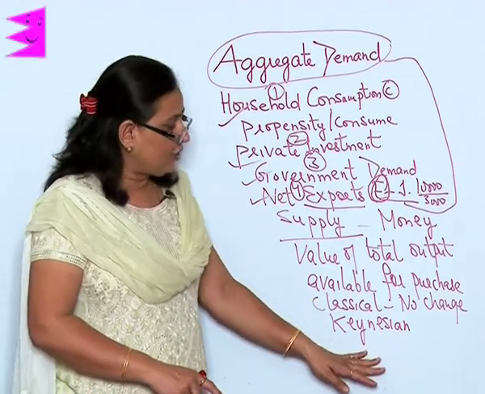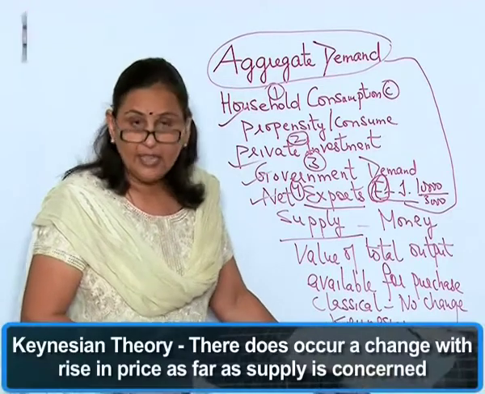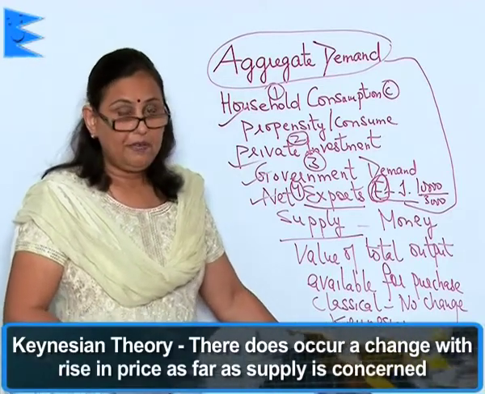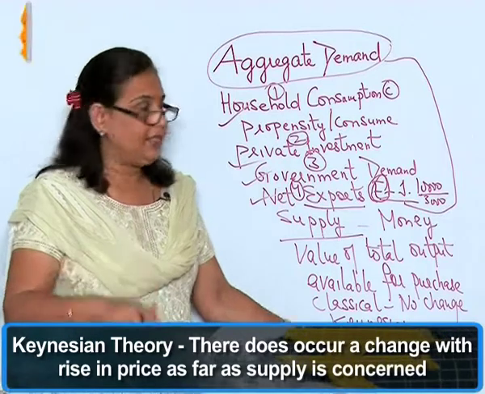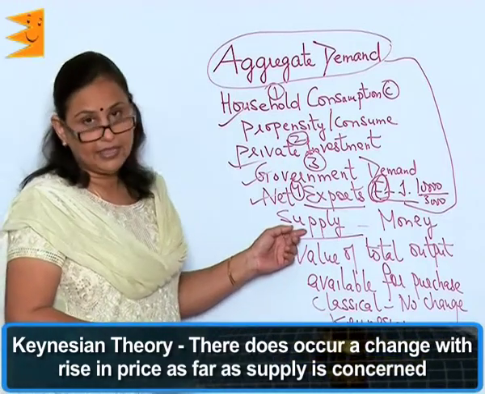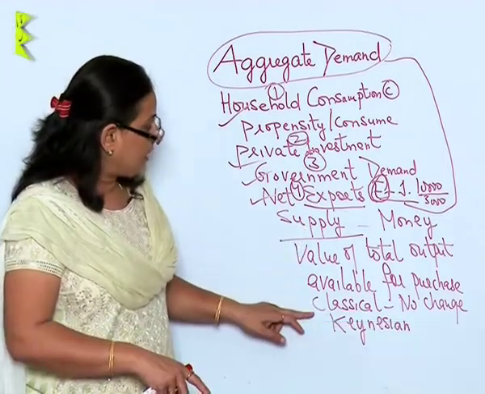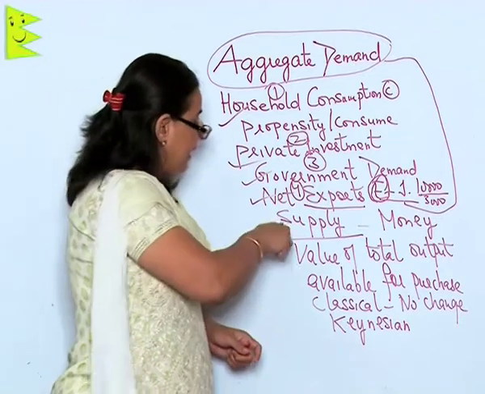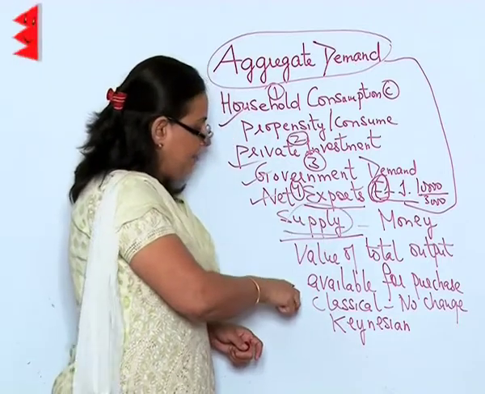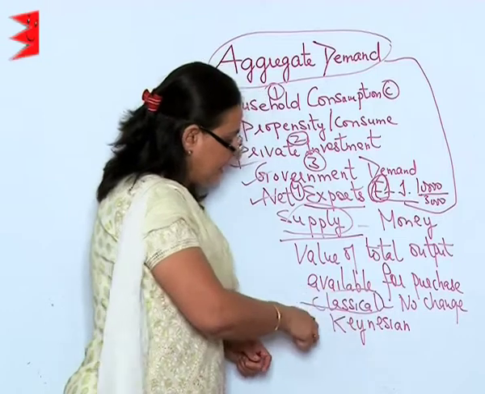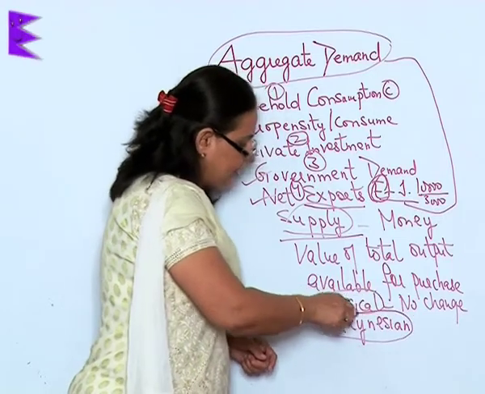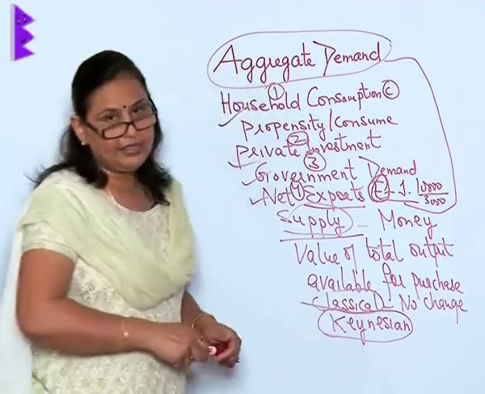But the Keynesian theory says that there does occur a change in supply with the rise in price. So, one feels that the supply is inelastic even when the price rises, the other feels that it is elastic to the price rise.